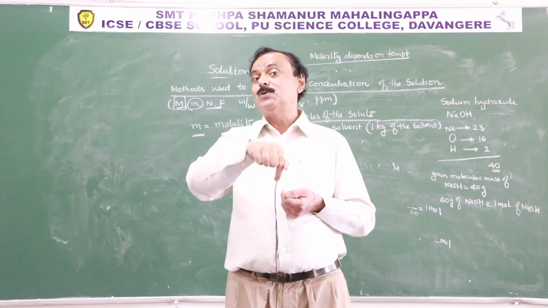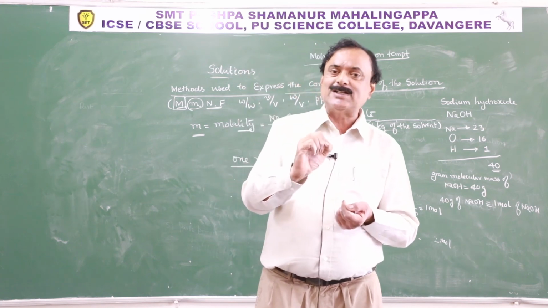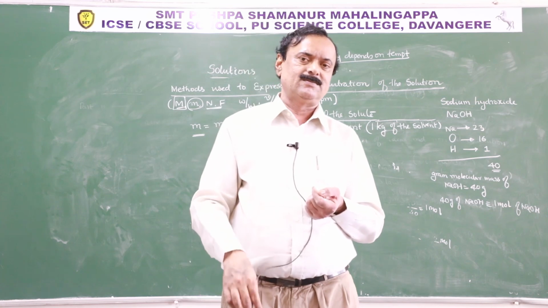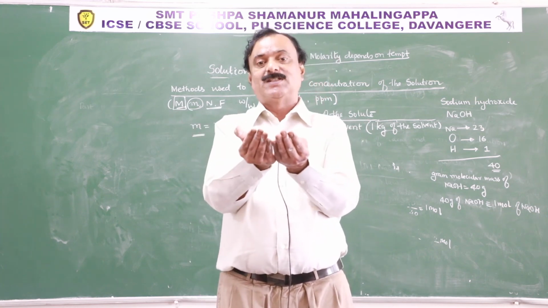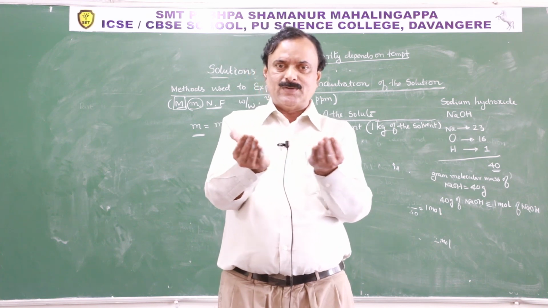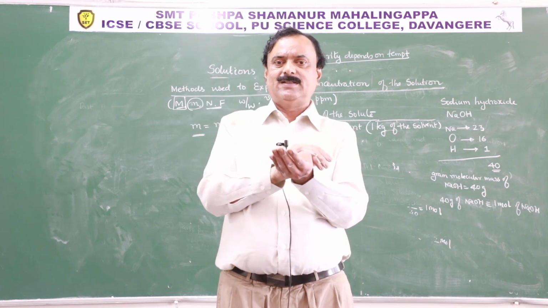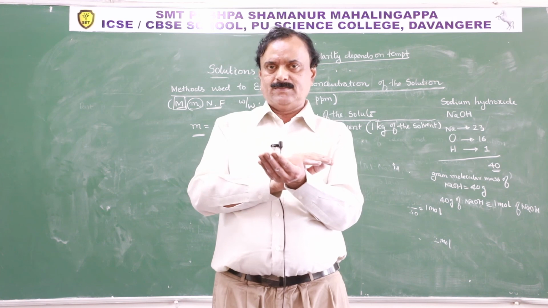But how do you prepare a 1 molar sodium hydroxide solution? To prepare 1 molar sodium hydroxide, you are not supposed to place 1000 ml of water. You place less than 1000 ml of water, say about 500 ml, add 40 gram of sodium hydroxide, and stir well to get a homogeneous solution.